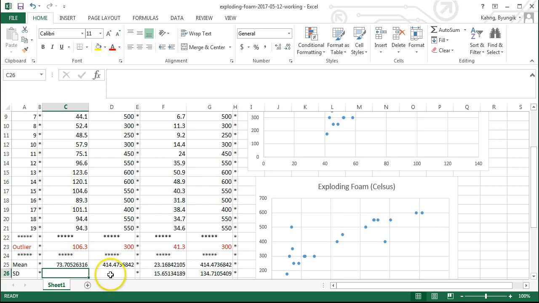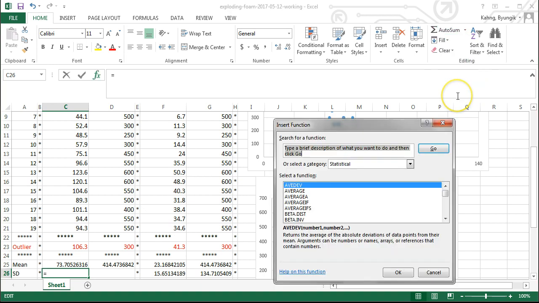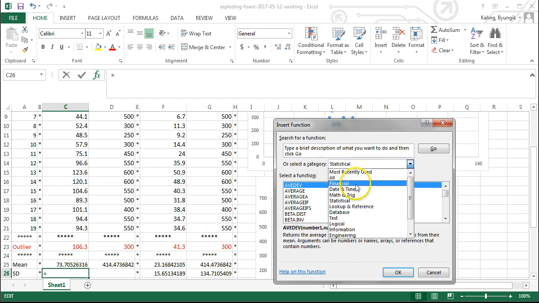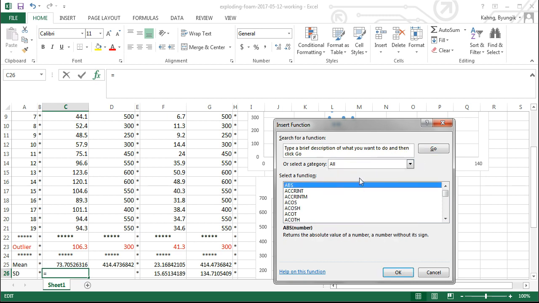Standard deviation, that's far more important. So let me show you how. Go to the cell where the standard deviation will go, and go to the same place, the sigma triangle, and standard deviation does not show up here, so go to more functions. Now, I already used the statistical package, so the default is already statistical, but let's suppose it is in some other place.